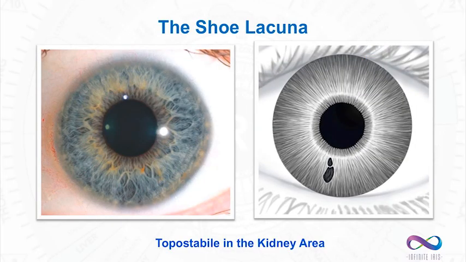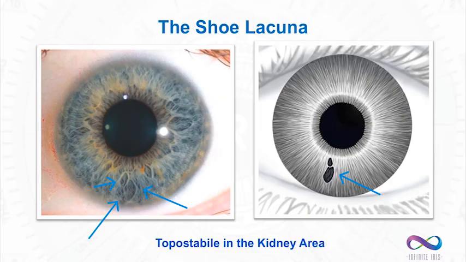And now we're going to discuss an interesting lacuna called the shoe lacuna. It looks like a shoe. It's actually made of two small lacuna beside each other that are shaped like a shoe. The shoe lacuna is usually found in the kidney reaction field. In the kidney reaction field, it is topostabile, and it usually means that there is a tendency for kidney deficiency.